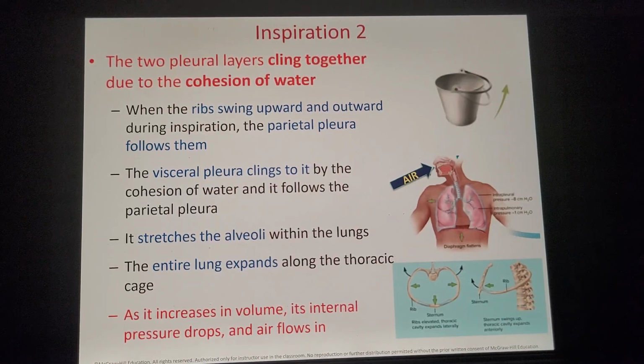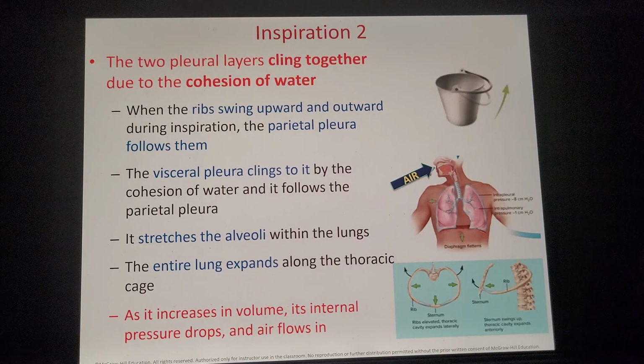Okay, so these next few, they just talk about your anatomy of what pulls on what. I'm more interested in understanding the changes in volume and how they affect pressure. It's just here you're talking about the specific anatomical parts. So for example, remembering we talked about the pleura of your lungs and how one layer, your visceral one, sticks to the lungs, the other one sticks to your ribs and chest region.